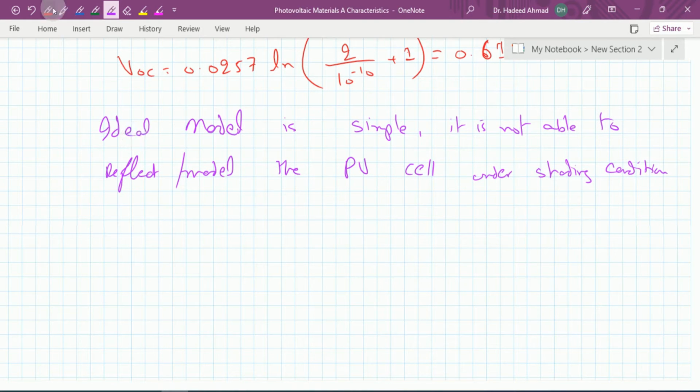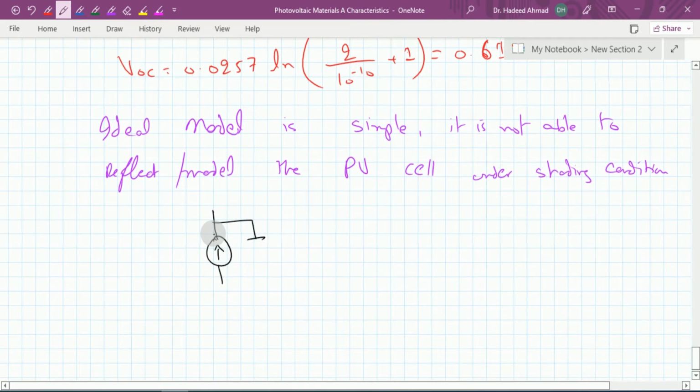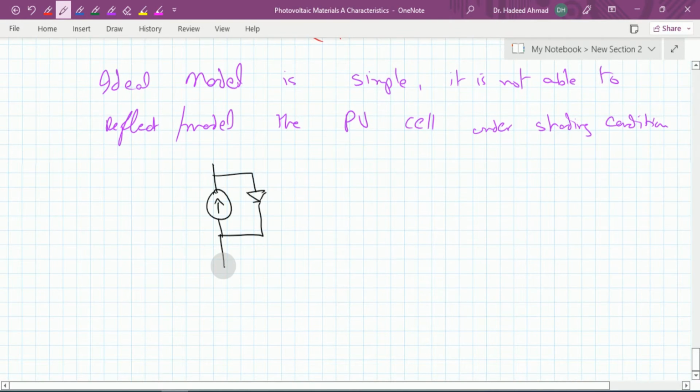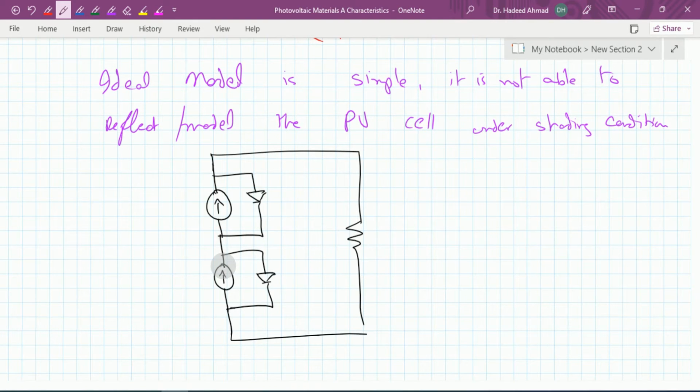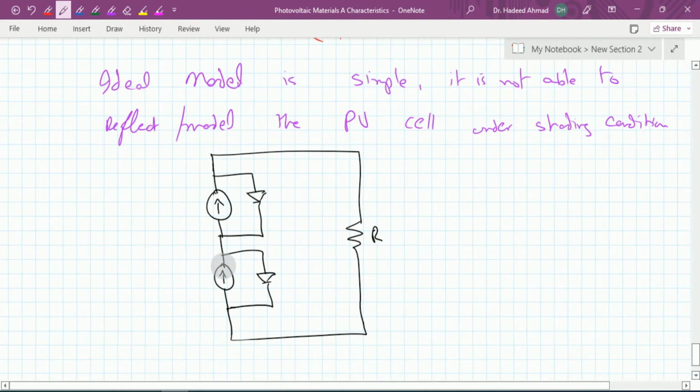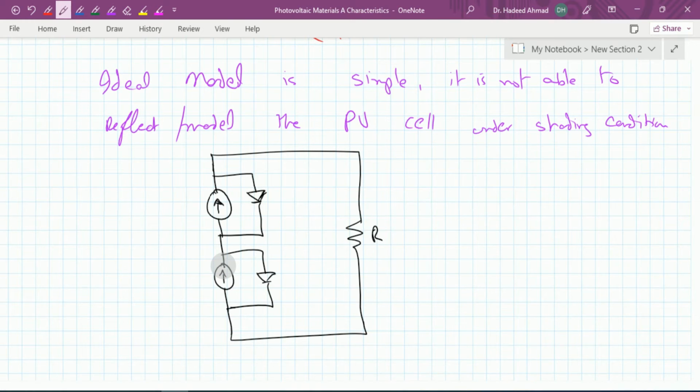Now, for example, we have 2 PV cells which are connected in series. So let me have, this is cell number 1, and this we have another PV cell. This is cell number 2. They are connected in series, and we have a resistance which is connected across the series connection of these 2 cells.